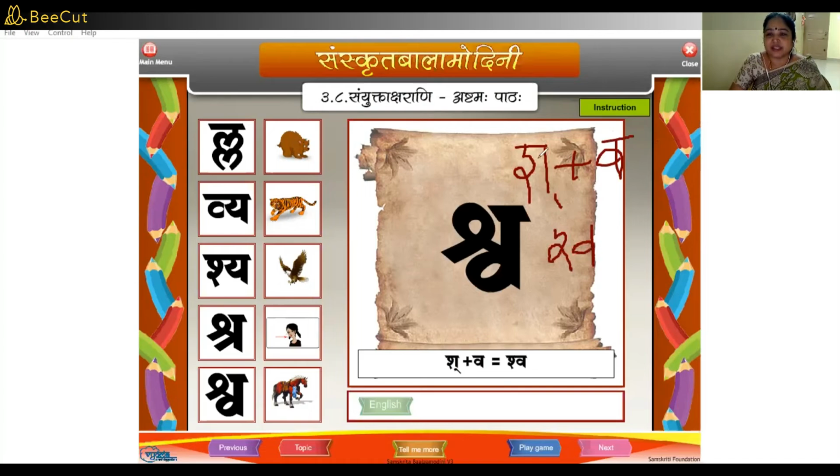When you take out that line, then it is half of Sha, Ish. Shwa. This is also correct. Or books will have it like this, shwa. This is shwa.